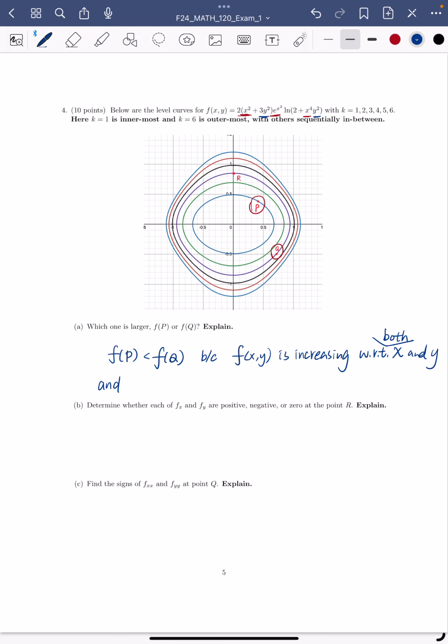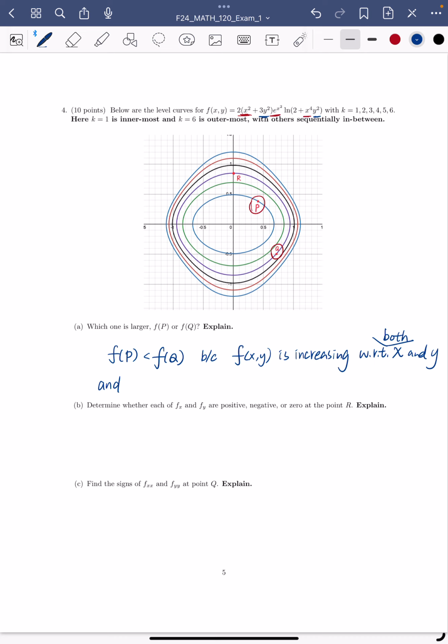How do we explain? The level curve q belongs to is outside of the level curve of p.